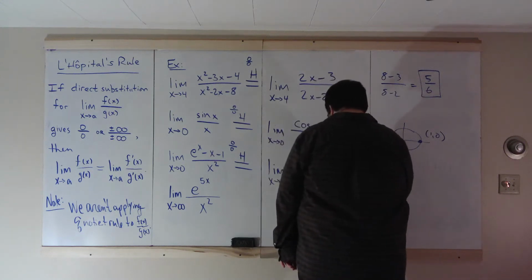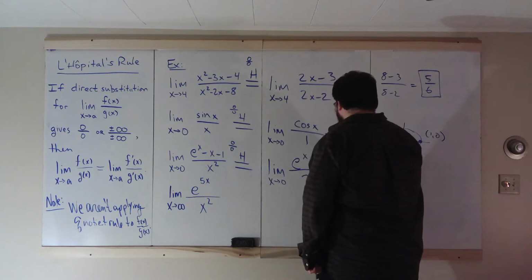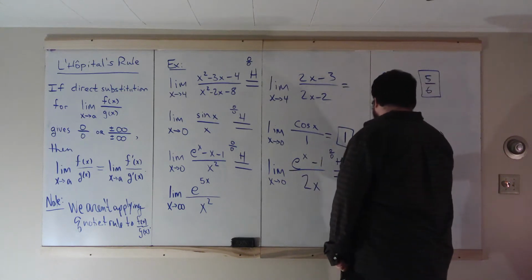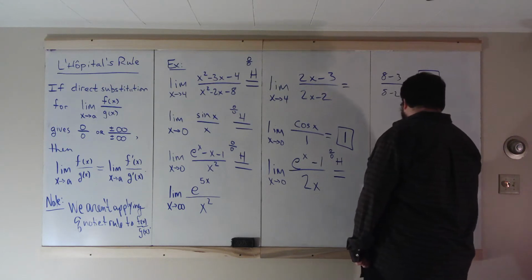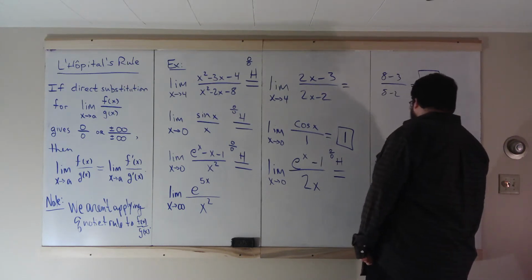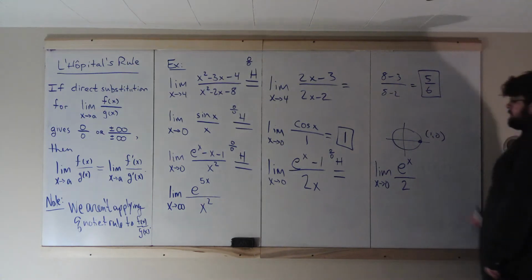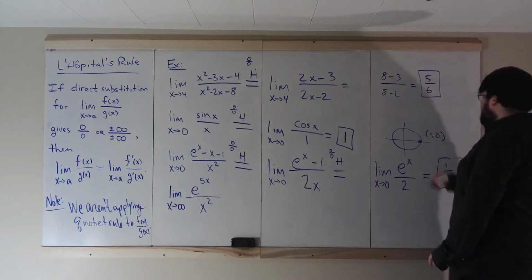I don't know any algebra that would work there. So we'll apply L'Hopital's rule a second time. We can do that. And it equals this new limit. Derivative on top is e to the x. Derivative on the bottom is 2. And what happens when we substitute here? E to the 0 is 1, 2 is 2. So we get 1/2.